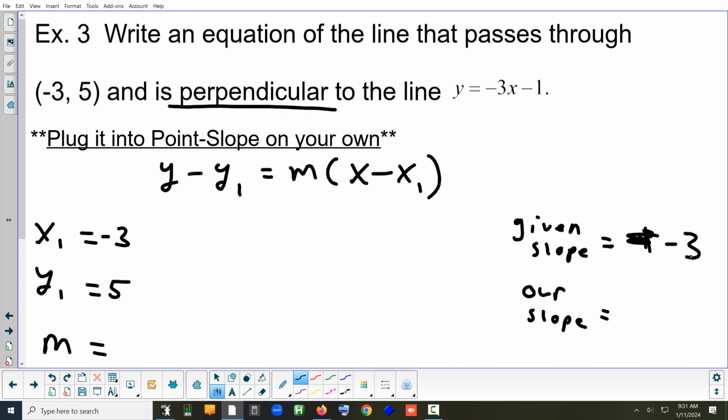So what's the opposite of -3? 3. And then what do you get if you flip the number 3? 1/3. That's our slope. It's the opposite reciprocal. And slope is m. Okay, so any questions on how we got x1, y1, or m?